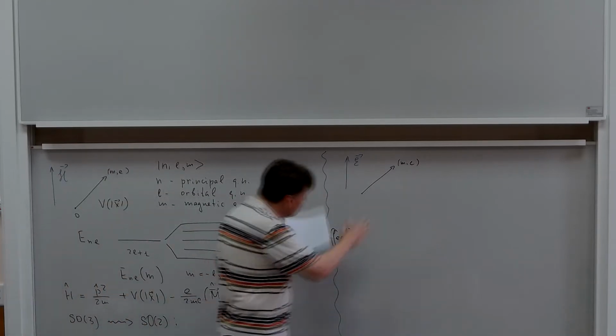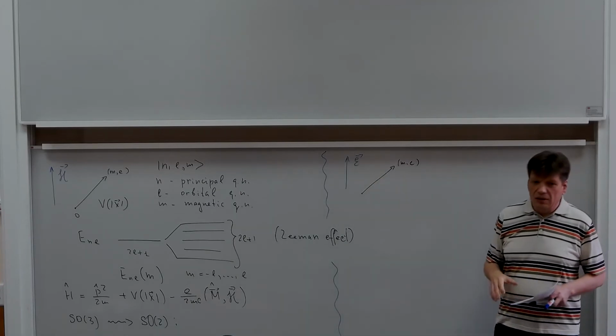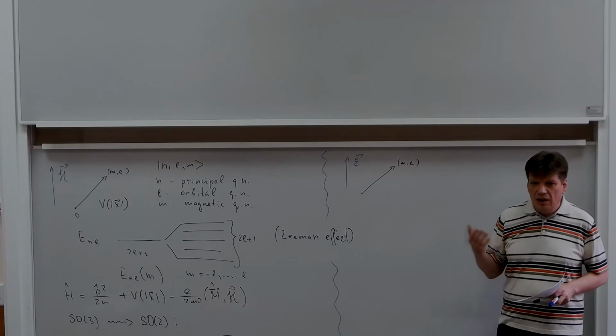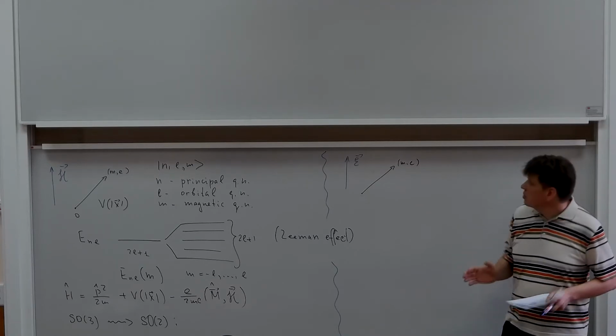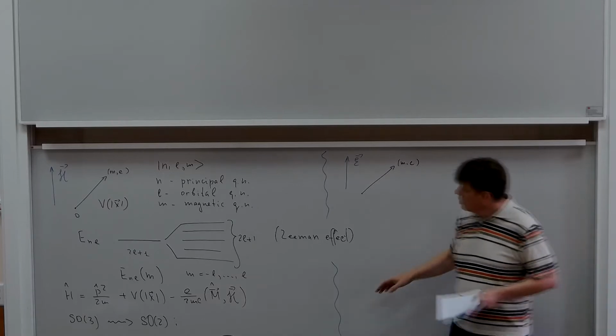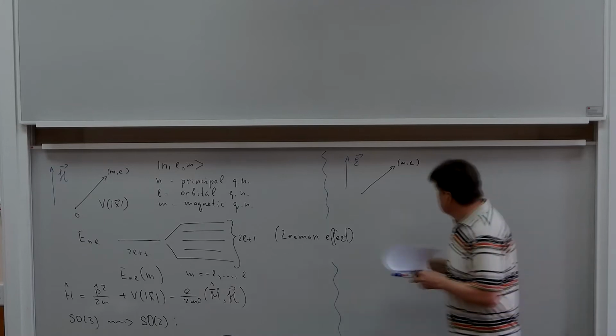Again, the presence of an external vector field violates the isotropy of space and forces degenerate energy levels to split.